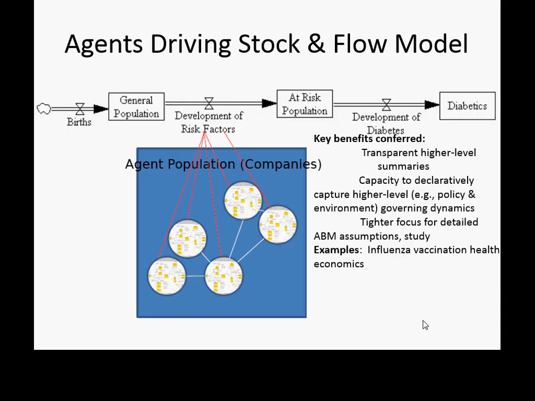So here, we will sometimes see interactions the other way, and I'll be talking about those in a minute. But we have higher level dynamics that can be very neatly captured, as well as the ability to capture a sub-piece of our population or a population of interest at an agent-based level. This might be, for example, dynamics associated with policies and regulation of policies, or associated with rollout of interventions that we capture.